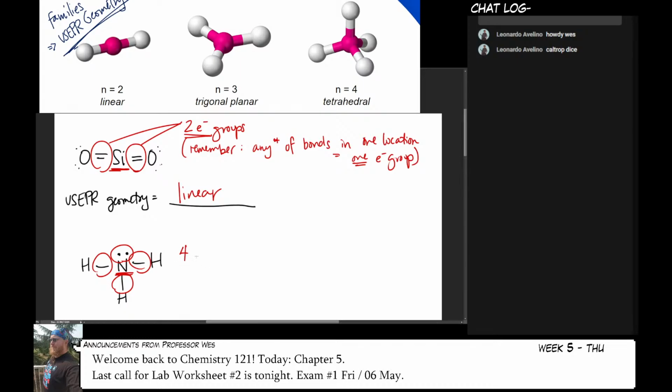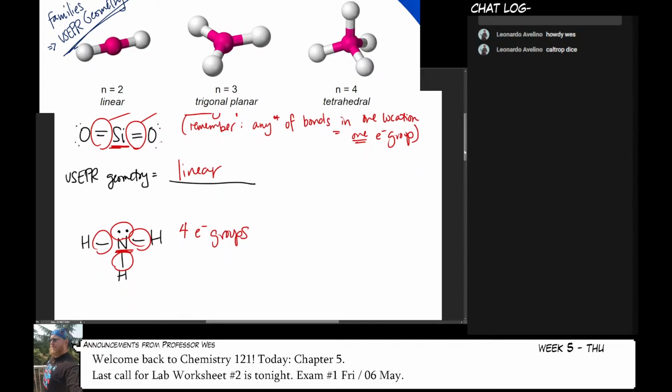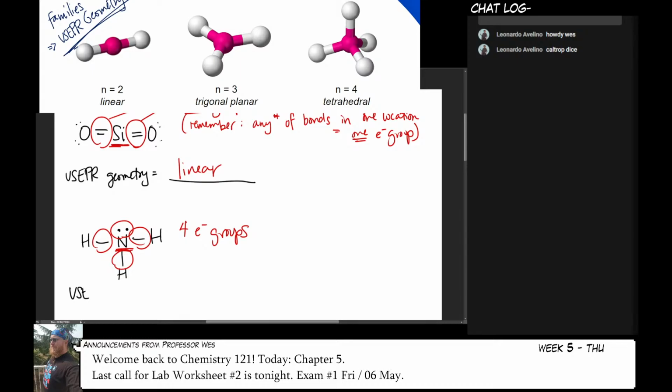So that would be 4 electron groups. So what would the VSEPR geometry be? Well, it would be tetrahedral. And there you go.